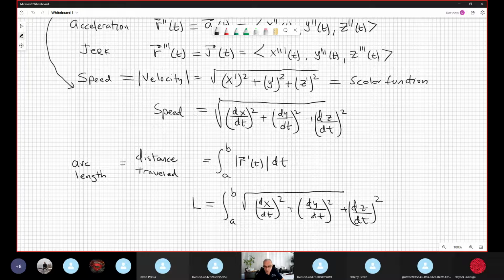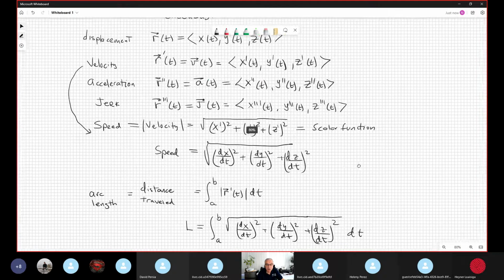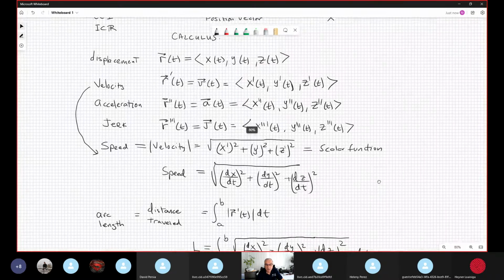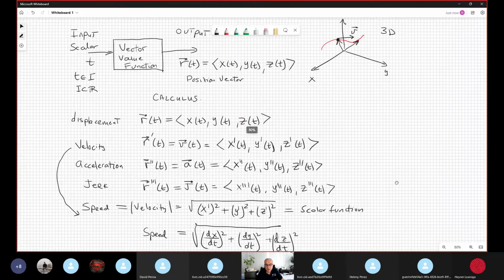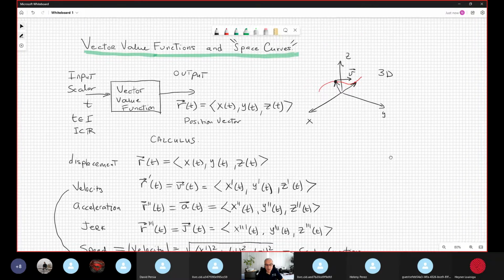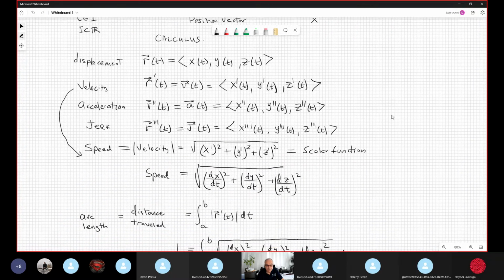And don't forget everything inside the square root, because this is speed, huh? dt. Okay, this is arc length. Entonces you see very well the advantage to represent the curve in that way, is the space curve and t is the parameter.